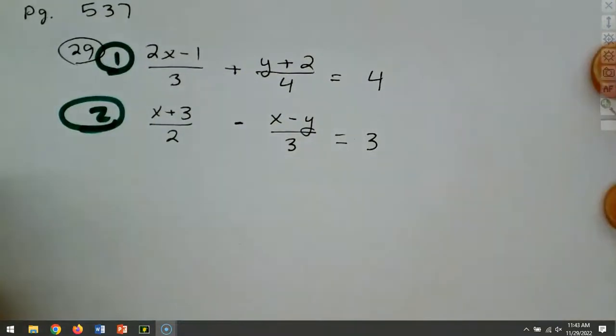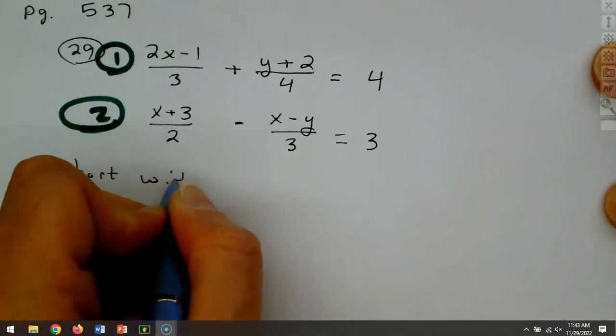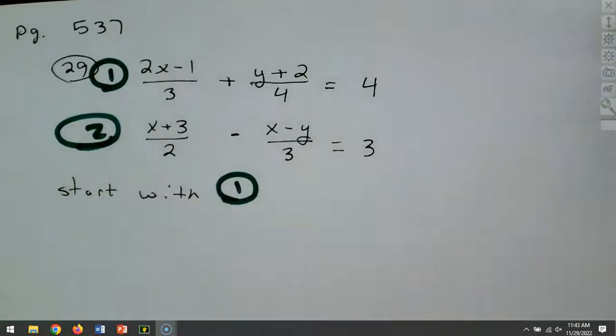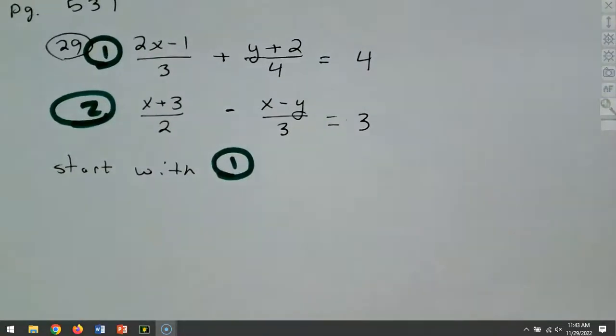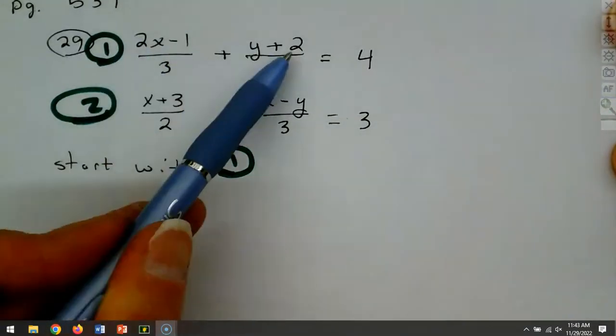So let's start with one. So start with your first equation. Now, what I'm going to do to make it easier is I'm going to split this up into individual parts.